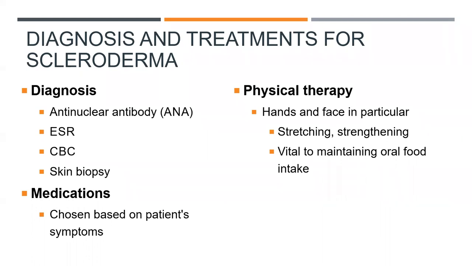May also be using non-steroidal anti-inflammatory drugs or other analgesics for problems with the joints and for painful calcinosis. Antibiotics may be required because of bacterial overgrowth and due to secondary skin ulcerations due to the skin being so tight.